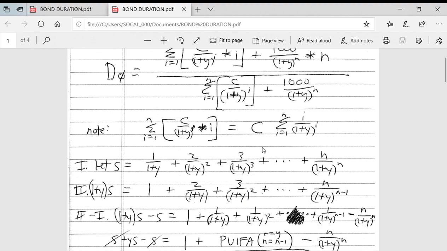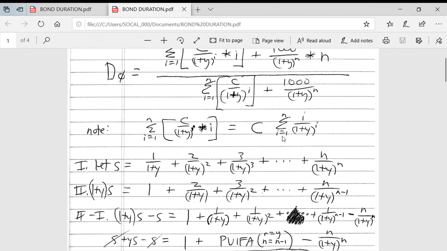Okay, so let's see. Roman numeral 1, an equation from finite series mathematics. Let s equal 1 over (1 plus y) plus 2 over (1 plus y) squared plus 3 over (1 plus y) cubed, and so on. We're looking at this term right here. When i is 1, 1 over (1 plus y) to the first power. Step is 1, so now i is equal to 2, so 2 over (1 plus y) squared.